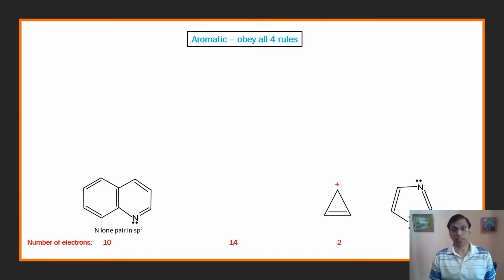The molecule is cyclic, and it obeys the Huckel's rule of 4n plus 2, where n is equal to 2 in this case, and hence this molecule is aromatic. Note that the lone pair of electrons on nitrogen do not take part in delocalization. They are in the sp2 hybrid orbital.